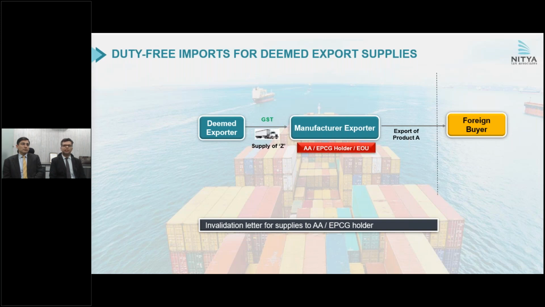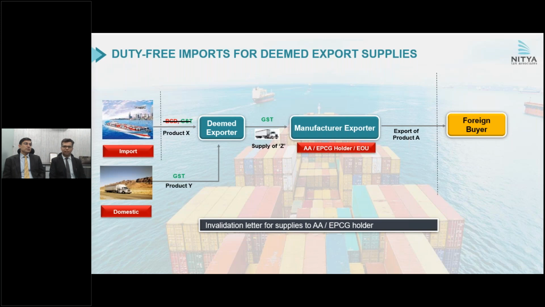Now, because such domestic manufacturer is supplying goods to the exporter against advance authorization, his supplies become deemed exports, even though such supplies are going within India only. Now, such deemed exporter, by virtue of his supplies being deemed exports, can obtain advance authorization and import the goods duty-free. So, for the deemed exporter, even though his supplies are within India, he will be eligible to claim duty-free imports and need not pay any BCD.